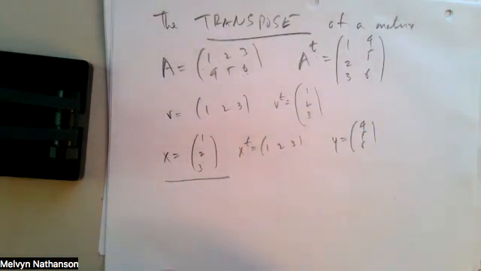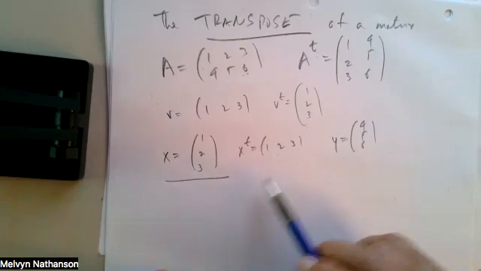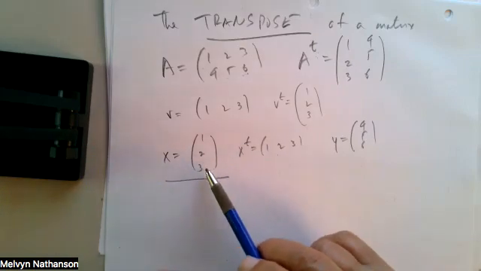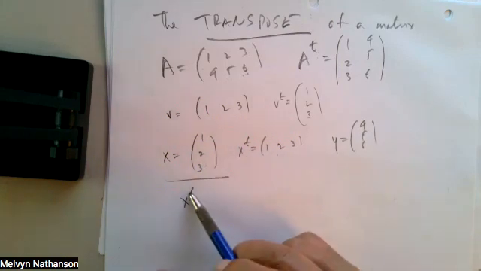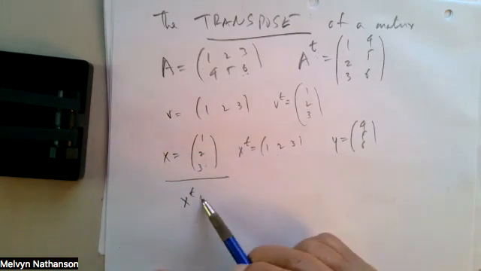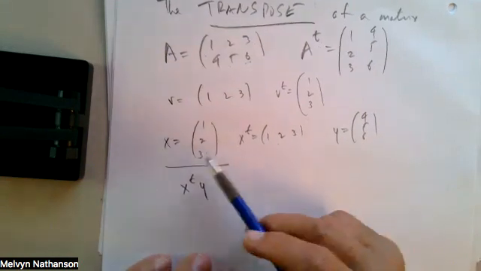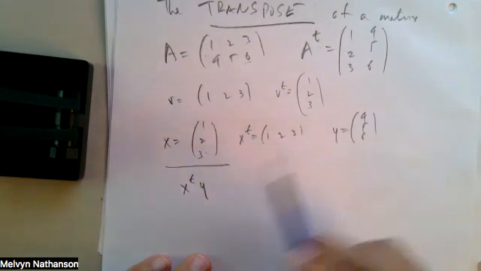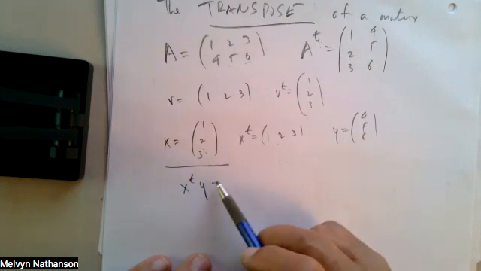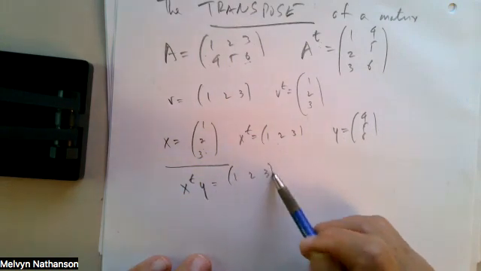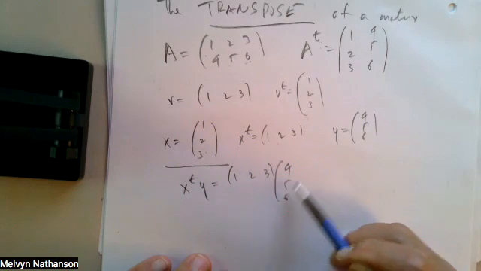So you can multiply a row times a vector. Here x is a column, but x transpose is a row. So if I have two column vectors, x and y, I can define x transpose y as a row times a vector. This is [1, 2, 3] times [4, 5, 6].